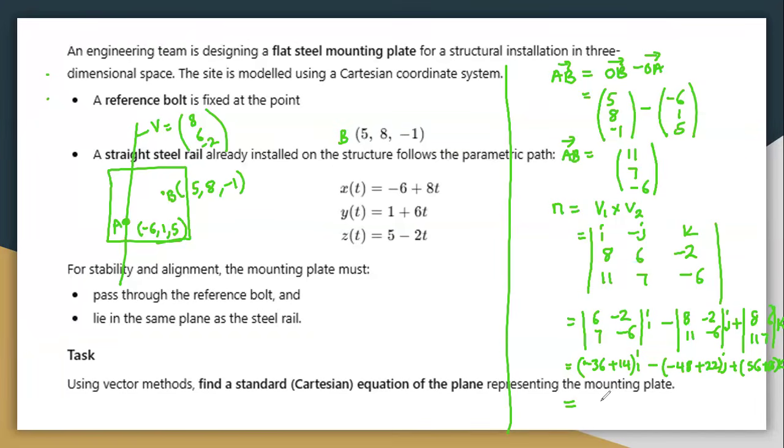After the completion for I, it will be negative 22i. You realize for j in the brackets, it will give us negative 26, but there's also a negative sign outside, so it becomes plus 26.